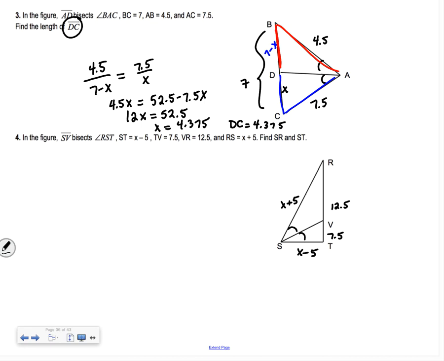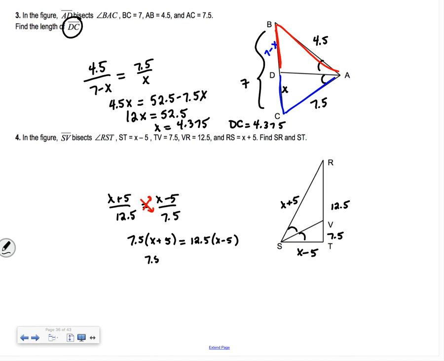All right, so going back here, we're going to have x plus 5 over 12.5 equals x minus 5 over 7.5. So we cross multiply. So I have 7.5 times the quantity of x plus 5 equals 12.5 times x minus 5.